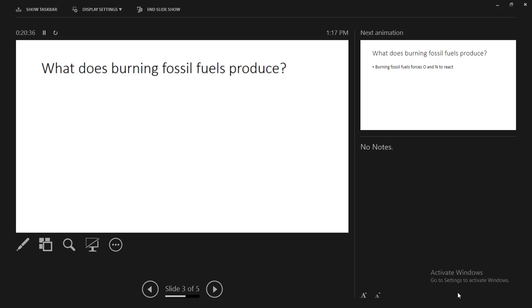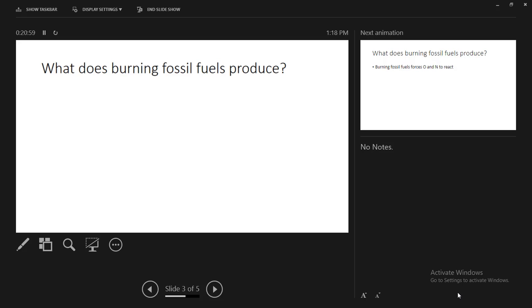What we need to figure out is what is actually happening scientifically, and not have this discussion be so politically charged. Let's leave it at what's happening chemically, and then we can deal with that in the second part. So what does burning fossil fuels produce?